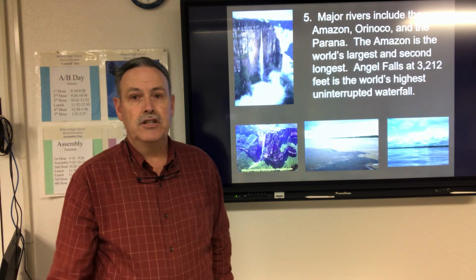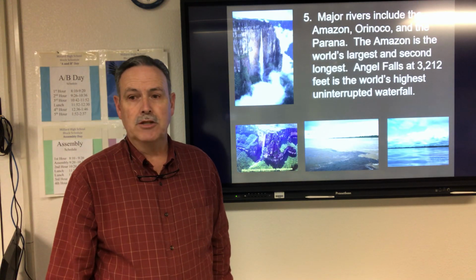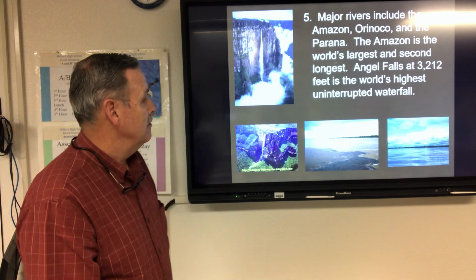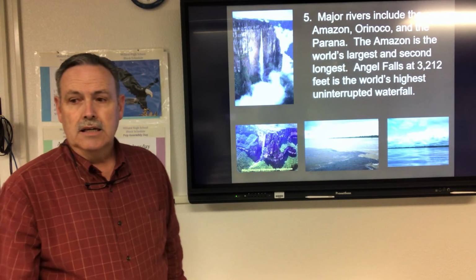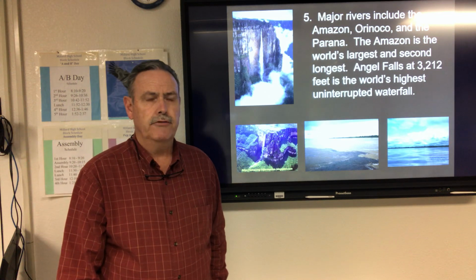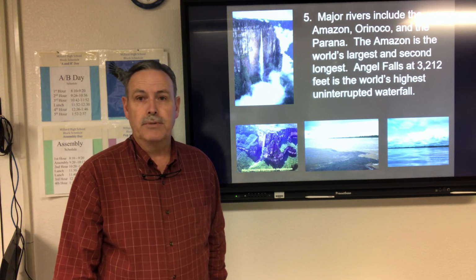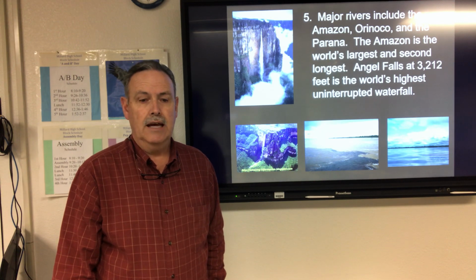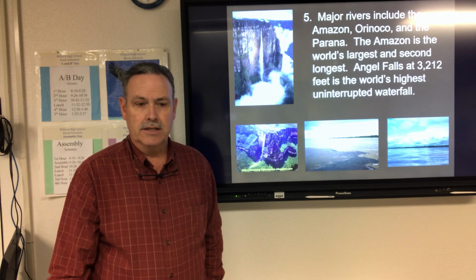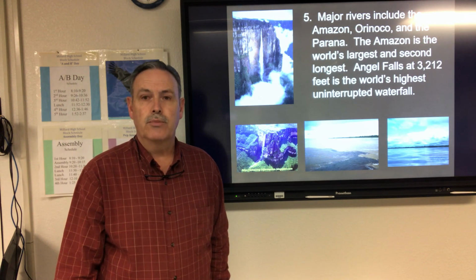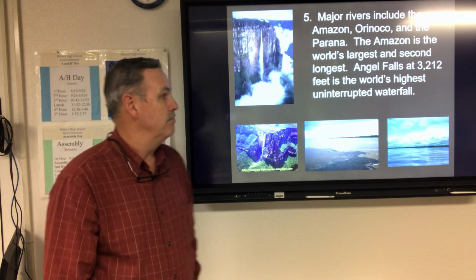Some of the major rivers, obviously we have to mention the Amazon, major river of the world. It starts out in a few areas in the Andes, Peru, many tributaries that come together and form the Amazon as it drains the Amazon basin and goes out through Brazil into the Atlantic Ocean.